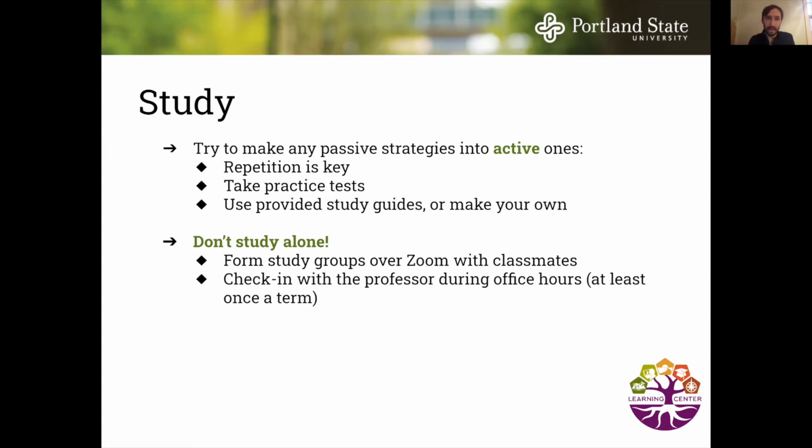Again, we talk about how repetition is really important, casting your mind back to that graph we looked at. If you can make your studying more active, for example by quizzing yourself or practicing tests, or in statistics, practicing problems, that would be really important.